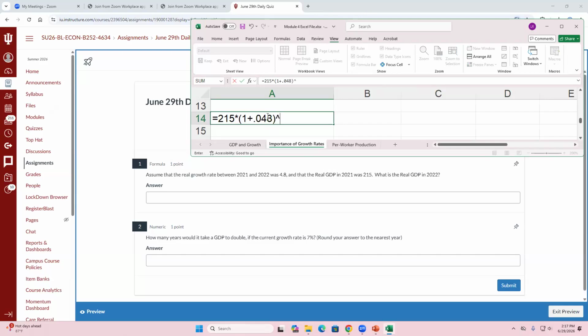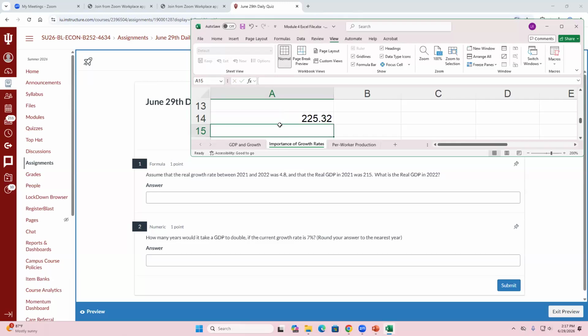And here, it's an easier problem than we would usually have, because if I only want to make the projection out for the following year, the number of years would just be 1. So you don't even really need to take this to a power. Anything to the power of 1 is itself. So I can see here, at 4.8% growth, in 1 year, my GDP would be 225.32.